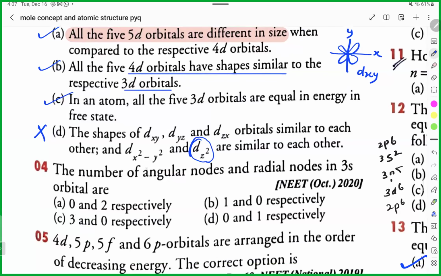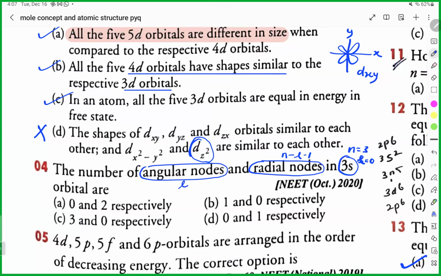Look at this. What is the total number of angular nodes and radial nodes? The radial node formula is n minus l minus 1, and the angular node is l. In the case of 3s, what is the n value? 3. The s value means l is 0. So, Chandana, what will be the angular node in this case?